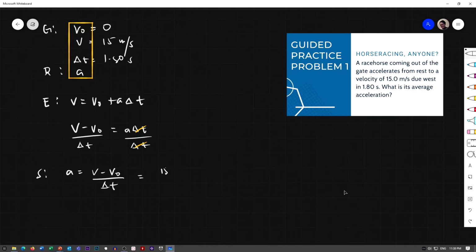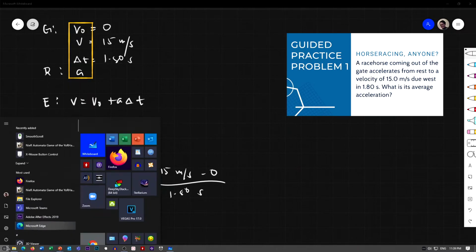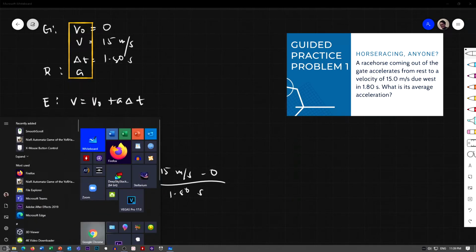So you have 15 meters per second minus 0 divided by what's our delta t? 1.80 seconds. There. So how about we open a calculator so we could show the answer.